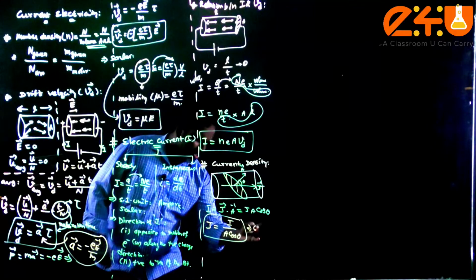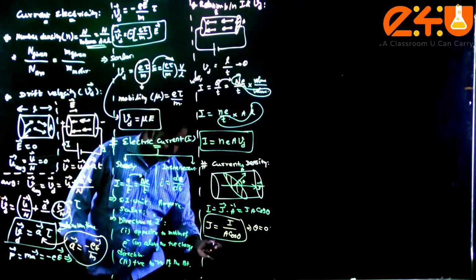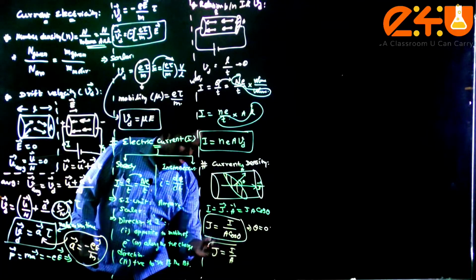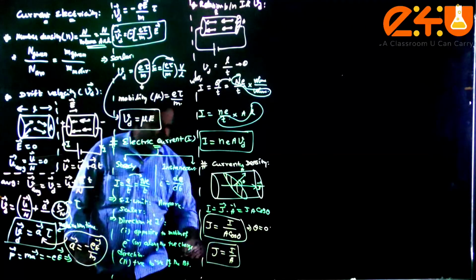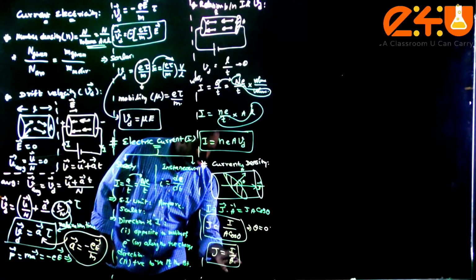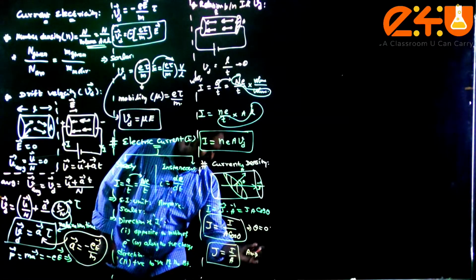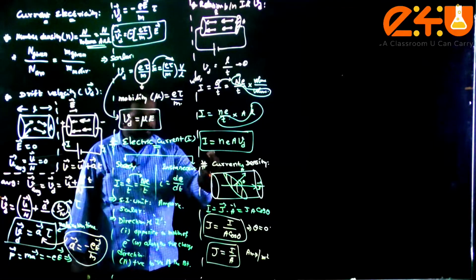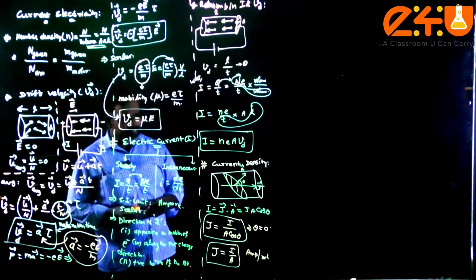In that case theta becomes 0 degrees, so J is equal to I by A. Current by area is nothing but current density, and its unit is ampere per meter square. That is the definition for current density J vector.